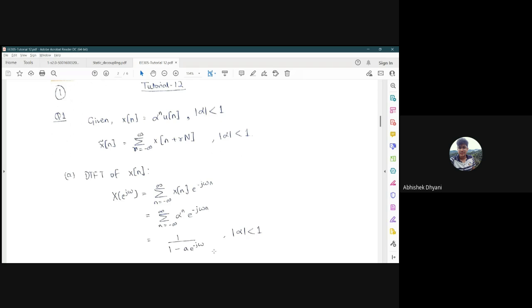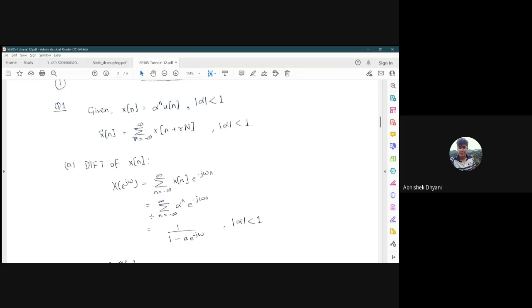Obviously mod of alpha is less than 1, which is given to us. So this is simply the DTFT, which we have already seen previously.